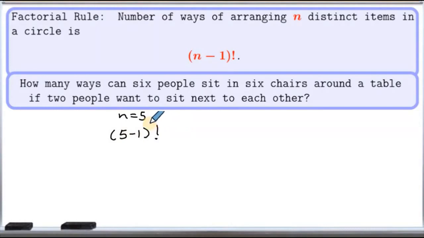And since these 2 people who want to sit next to each other can switch between themselves, we multiply this by 2. So this will be 2 times 4 factorial. We know 4 factorial is 24.